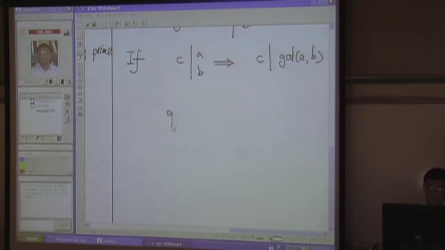What is the GCD of 48 and 8? It is 8, right?